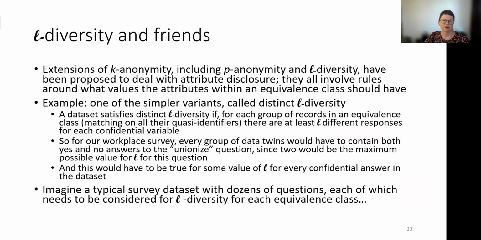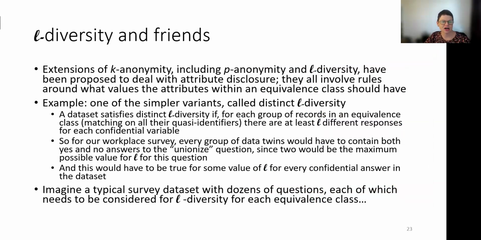Okay, so if you go into the literature and start trying to read about K-anonymization, you'll discover that dozens of extensions of K-anonymity and other types of data anonymization procedures have been published to deal with this disclosure issue. However, they're all pretty complicated to implement.